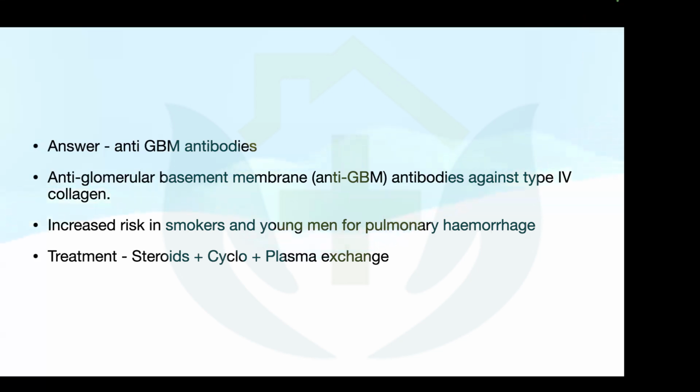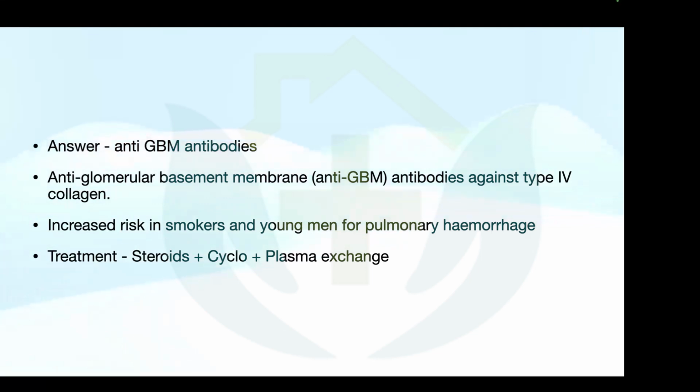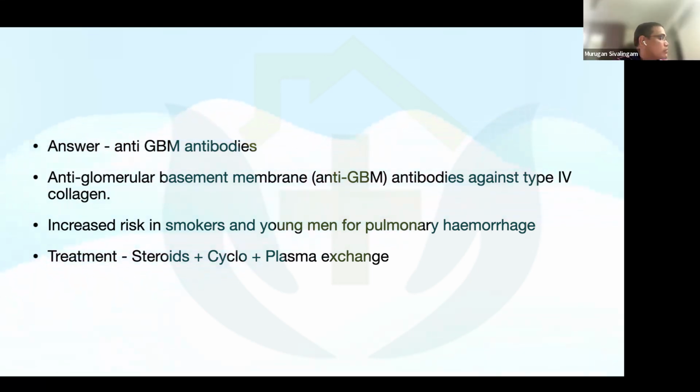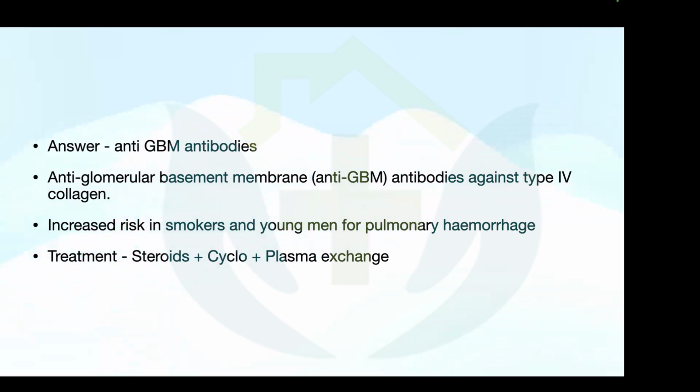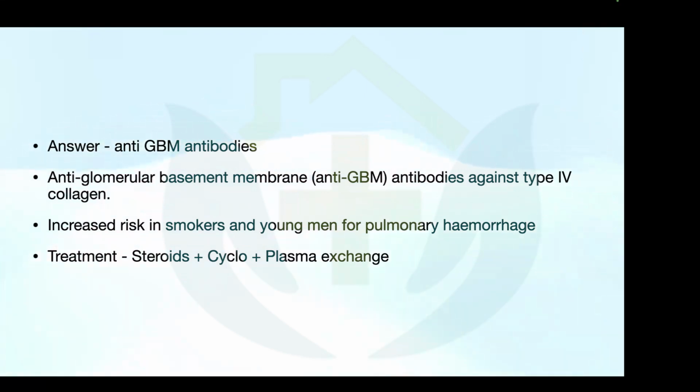Here, the reproductive phase of the lady has to be kept in mind. Because cyclophosphamide can cause problems with further conception, the patient has to be made aware of the other options available, the other immunosuppressant therapies. Maybe steroids plus another immunosuppressant group of drugs can be prescribed to her.